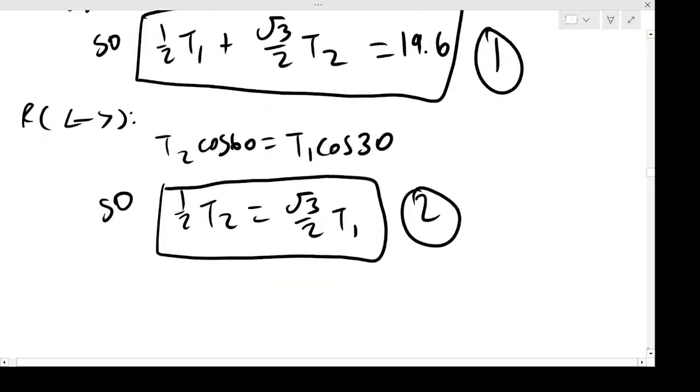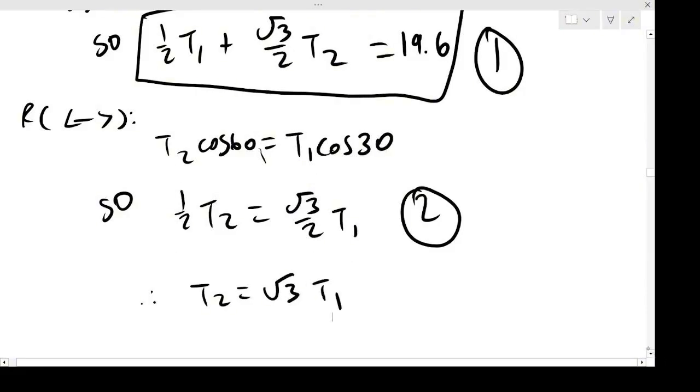Right, so let's proceed. I'm just going to solve these simultaneous equations now. But firstly, I can double this equation here. So if I times everything by 2, T2 is just going to be root 3 lots of T1.